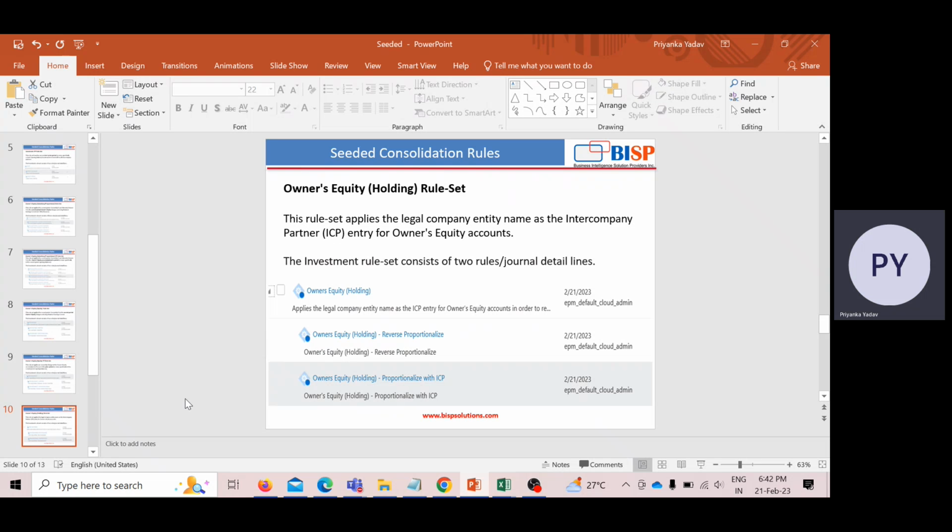This rule set applies the legal company entity name as intercompany partner entry for owner's equity account. Owner's equity of a holding company does not eliminate. It has two rules further: reverse proportionalization and proportionalize with ICP.